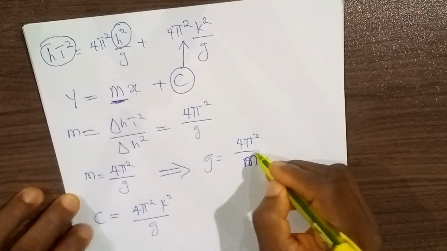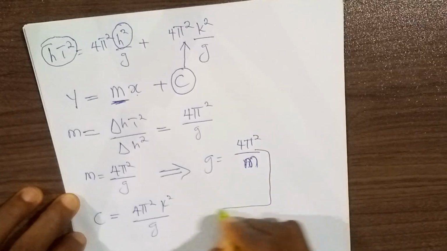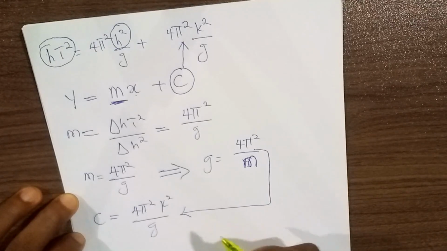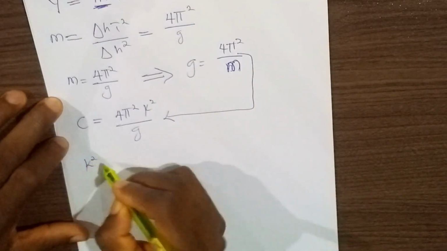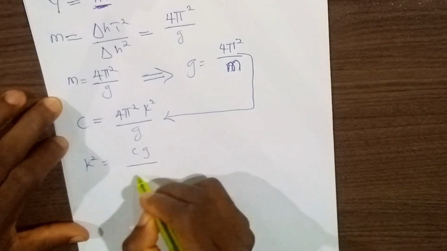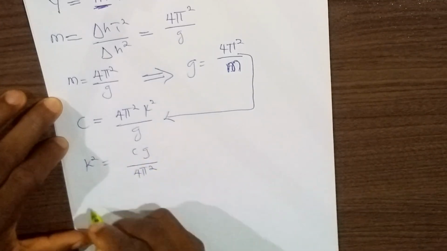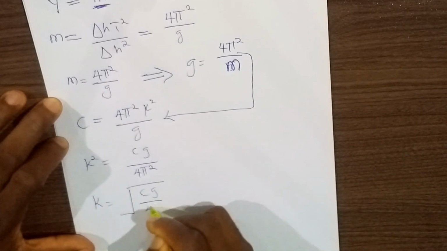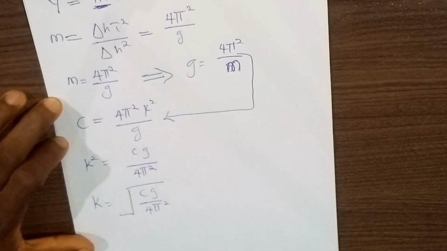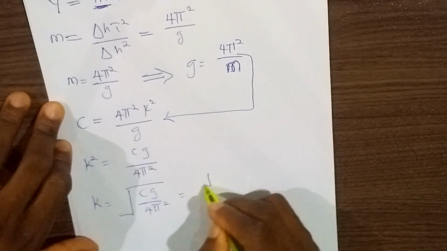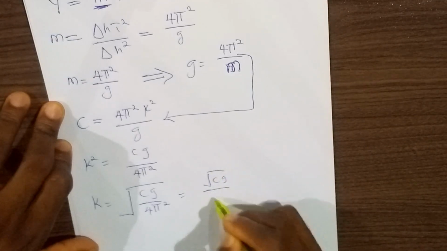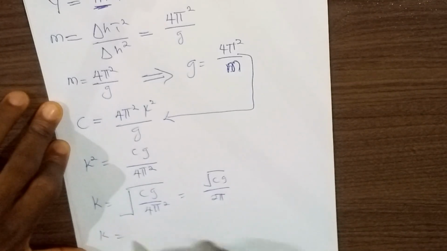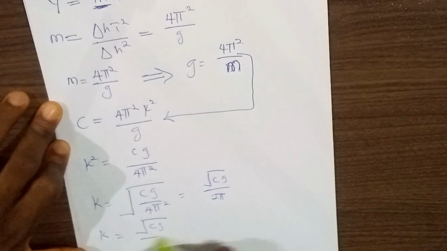Now substituting g into this formula, we can derive the value for k, where k squared is equal to cg all over 4 pi squared, and k is equal to the square root of cg all over 4 pi squared, which is the square root of cg all over 2 pi.